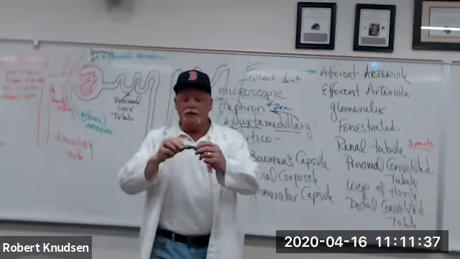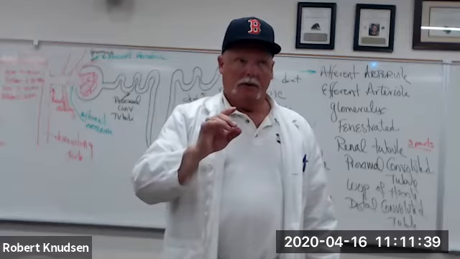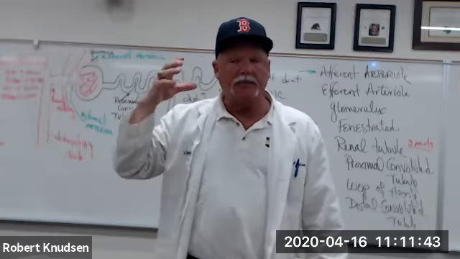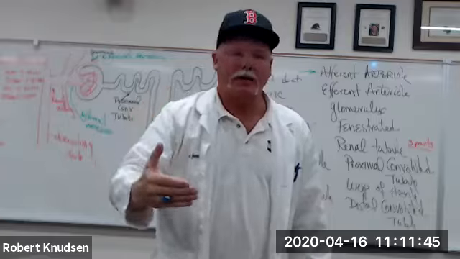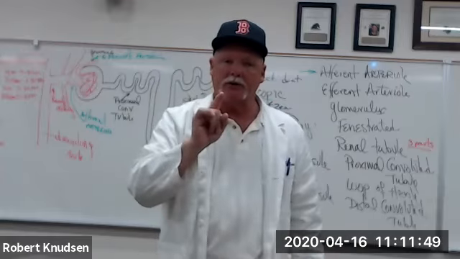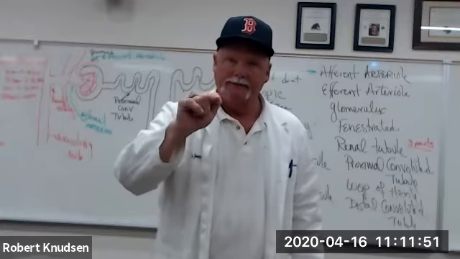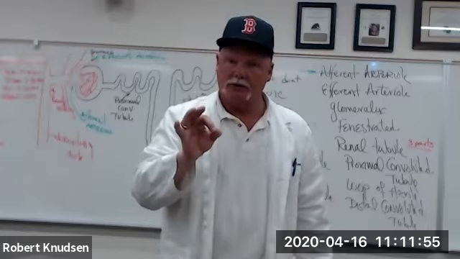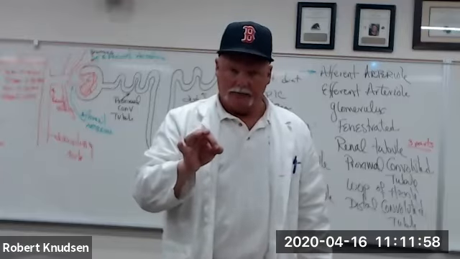Now, some people do not realize that that is not a capillary. They think, when you have diffusion, it has to be a capillary. No, not a capillary. It's an arteriole with holes in it. The arteriole with holes in it is called a fenestrated arteriole. Do you understand?